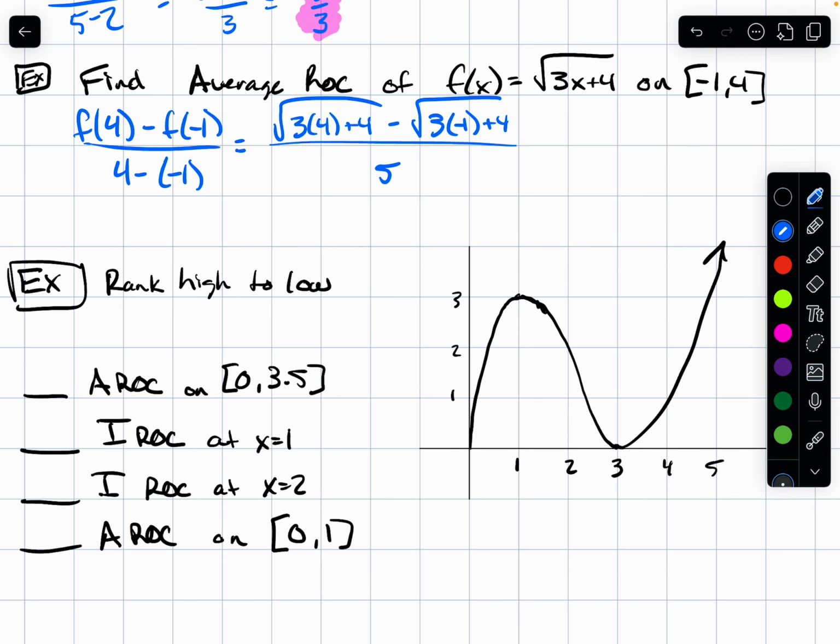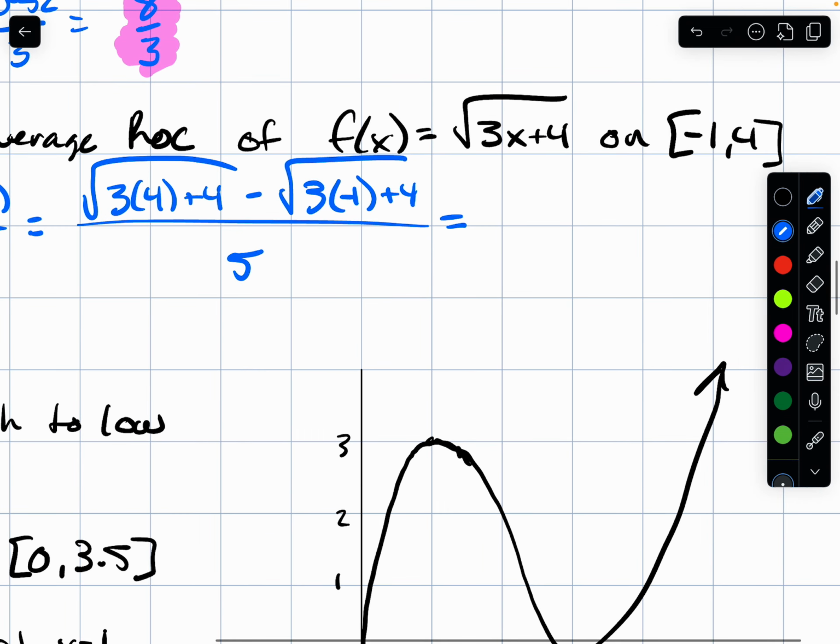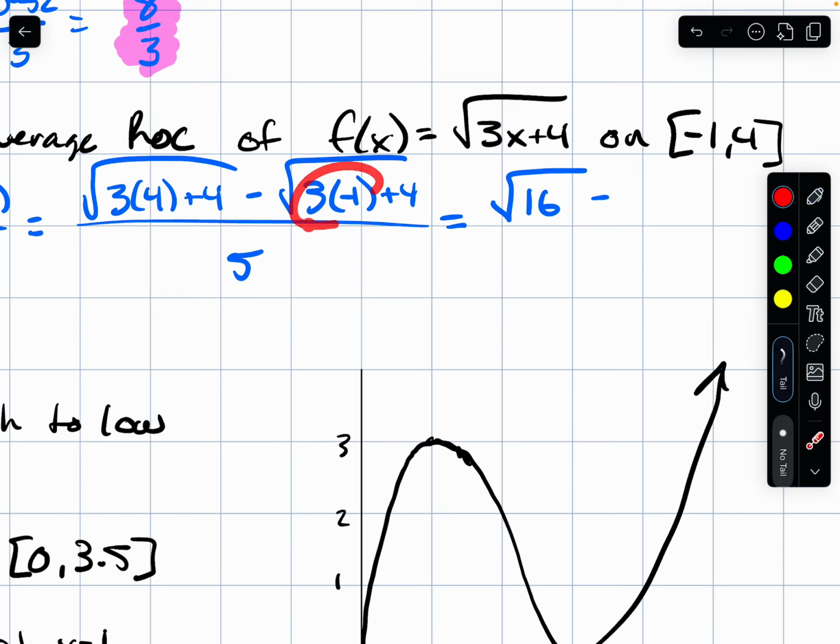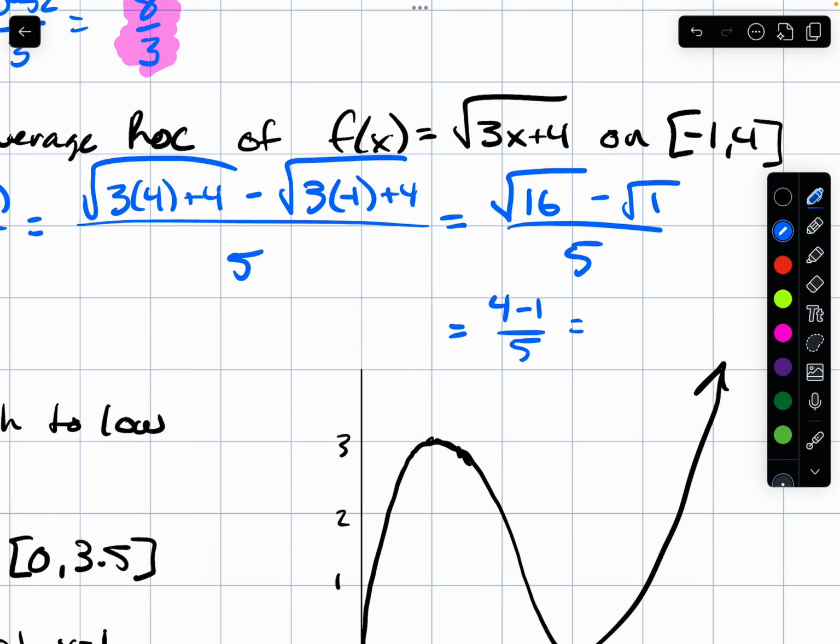So I get root 16 minus root 1 over 5. This equals 4 minus 1 over 5, or 3/5.